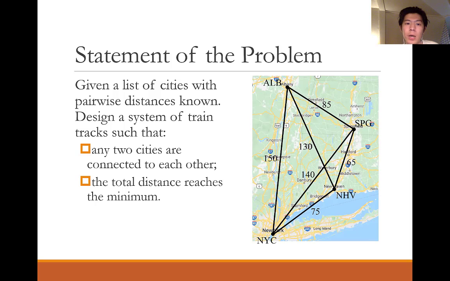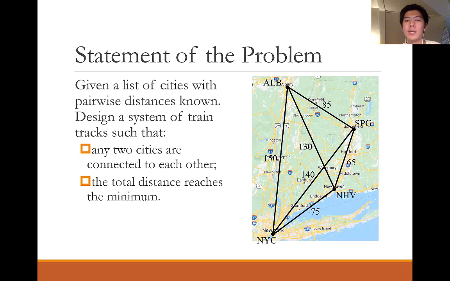And at the same time, we want the total distance to reach the minimum because the longer the distance is, the more material the company who builds the train tracks will need, and then the higher the cost will be. So generally speaking, we want to design a system of train tracks such that on one hand, any two cities are connected to each other, and on the other hand, the total distance reaches the minimum.